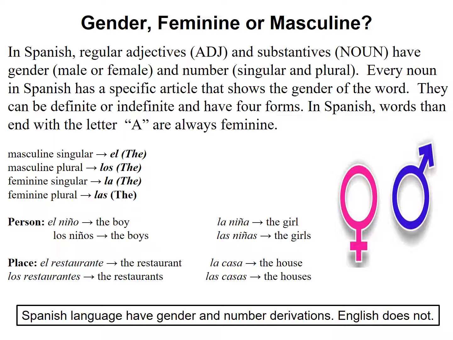For example, el niño, the boy, los niños, the boys, la niña, the girl, las niñas, the girls, el restaurante, the restaurant, los restaurantes, the restaurants, la casa, the house, las casas, the houses.